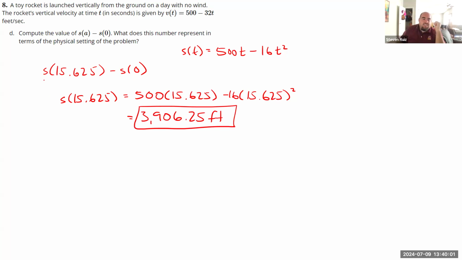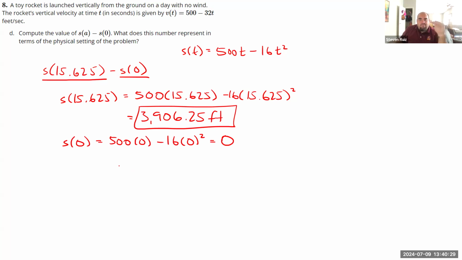So this is the position of the rocket, or more specifically, the vertical position, the height of the rocket after 15.625 seconds. S of 0 is the position of the rocket initially. So the position of the rocket at 0, which I suppose we should find. What is S of 0? S of 0 equals 500 times 0 minus 16 times 0 squared. That is 0.